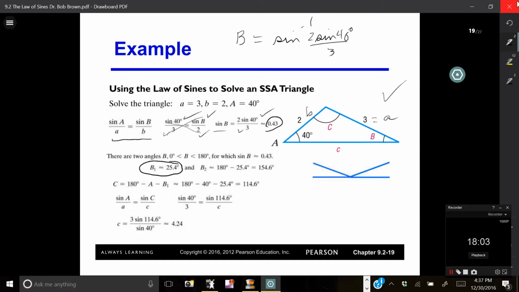And notice that there are two angles whose sine is equal to 0.43. The first one is 25.4 degrees. And notice that on the unit circle, there is another point over here.